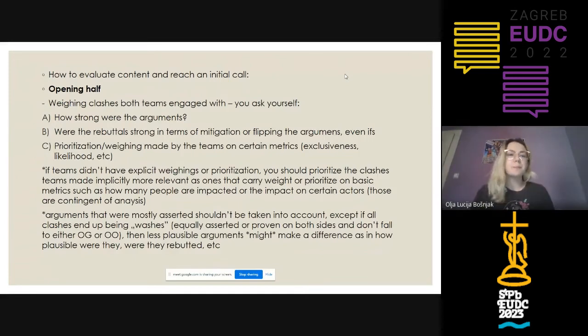And thirdly, what type of weighing was made by the speakers on certain metrics, whatever those are that people choose? Was this argument exclusive enough? What was the likelihood of this claim? Are we covering the most important stakeholder, the biggest stakeholder, the largest, all the basic metrics of why something could be better than anything else?